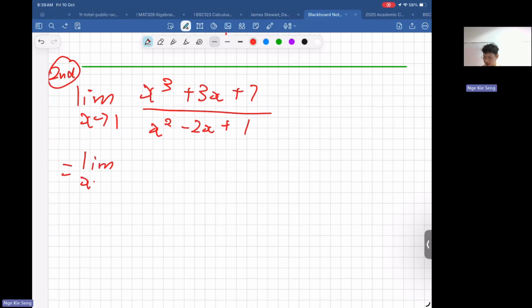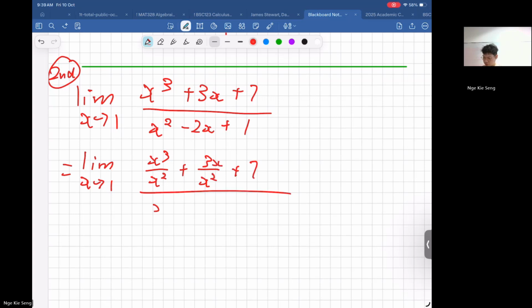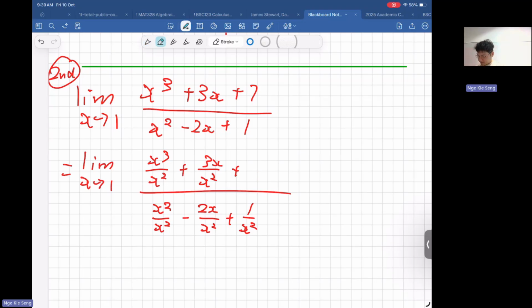Let's say I divide top and bottom by x squared. Everyone okay or not?